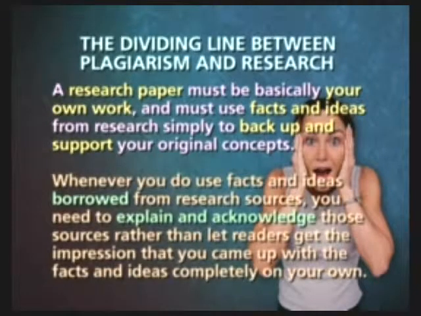And whenever you do use facts and ideas borrowed from research sources, you need to explain and acknowledge those sources rather than let readers get the impression that you came up with the facts and ideas completely on your own. That's the bright dividing line between plagiarism and research. If you understand these basic ground rules about scholarly work and take them seriously, you probably won't find yourself committing plagiarism inadvertently.